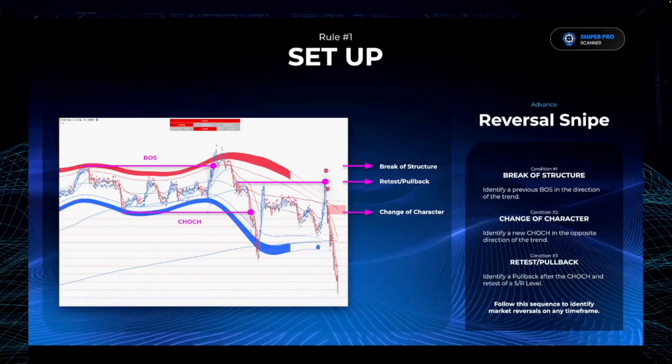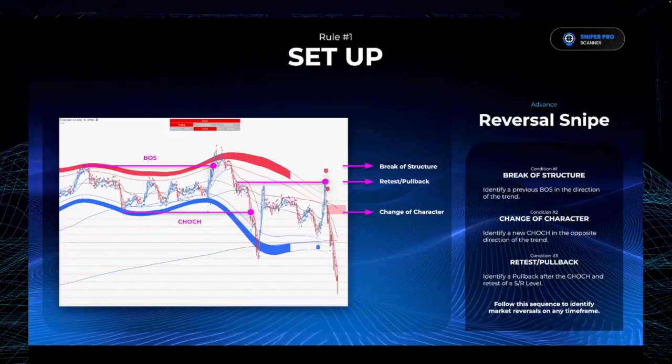This is where the market is now breaking the low in one single sweep. Whenever you see that, this usually means that a reversal is imminent in the market, whether short term or long term. So again, condition 1, you want to see the break of structure in the direction of the market.